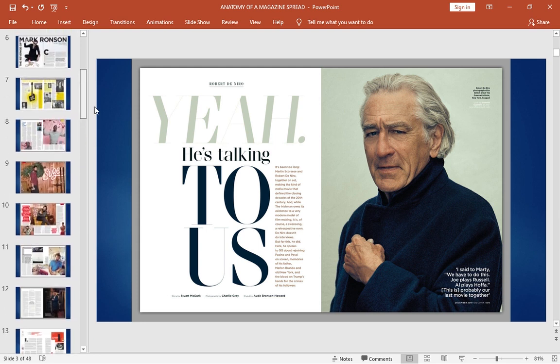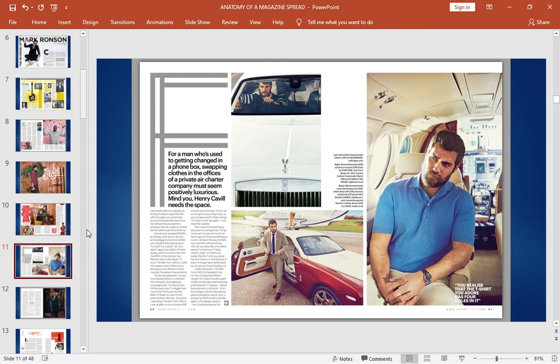Now let me talk about one more thing. This is a start line, and this is a drop cap option. This drop cap gives us the intro, for us to read this body copy.